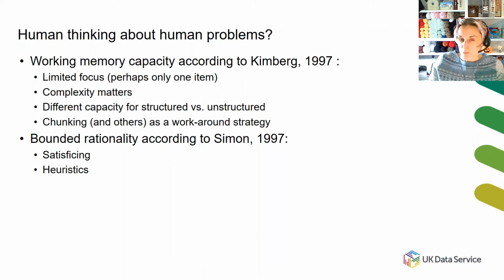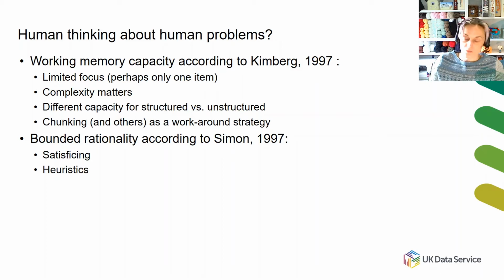We also use bounded rationality. We do not, when evaluating a situation and trying to find a solution, really look for the best solution. We look for a good enough solution, and we find it quickly, because quickly is more important than best most of the time for human problems. We use a lot of satisficing, finding a good enough solution. We use heuristics, rules of thumb, to help us find those good enough solutions quickly.